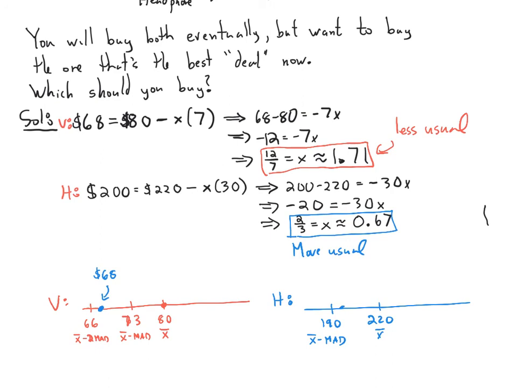And this point here would be right around there. This is $200, and that is less than 1 MAD below the mean, so it's more usual. And if you want the best deal in some sense, you want the least usual value. You want the one that's farthest away from the usual mean price that you can get.